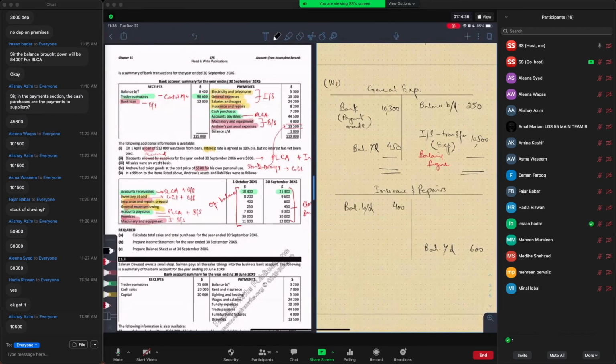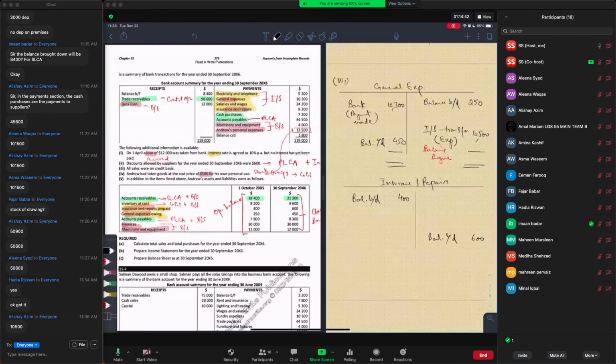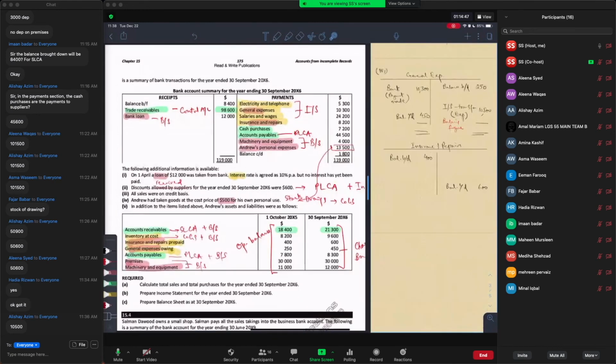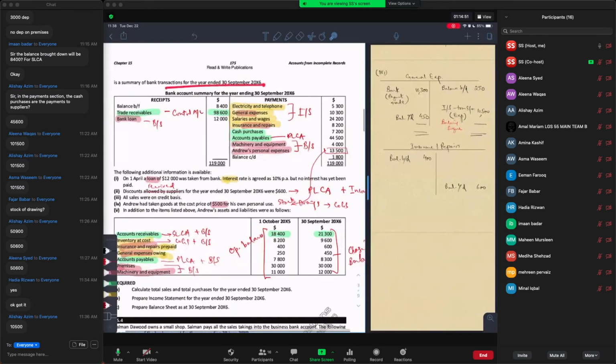So the next figure that we need over here is to see how much insurance was paid. So you can see the payments on the bank account. Again, we will refer to the bank account here, right? And you can see insurance and repairs have been paid here by the amount of $8,200. So the bank account is being credited in this summary, and if the bank account is credited, then the account to be debited should be insurance and repairs, which we are making right now.